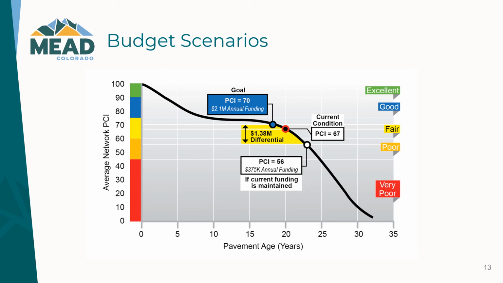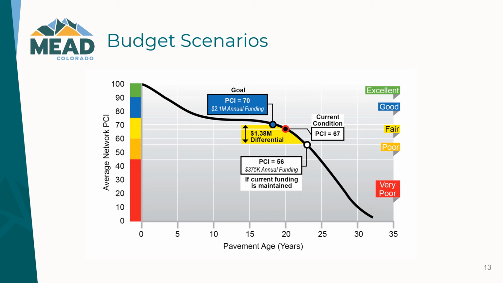The white dot represents where we'll be if we continue with the same budget we have now, which is that PCI of 56. And the blue dot is if we increase our budget significantly up to 2.1 million, moves us up onto the flatter part of that deterioration curve. So that wraps up our maintenance needs.